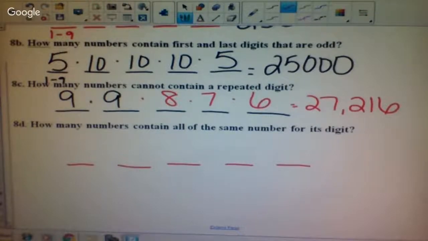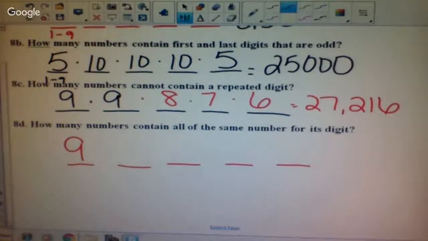How many numbers contain all of the same number for its digits? So something like 22222. How many options do I have to pick from for my first number? 9. How many options do I have to pick from now? Only 1, because you have to use the same number.